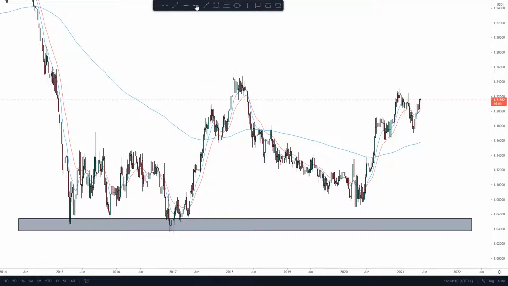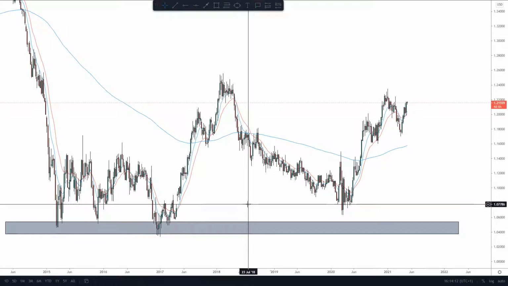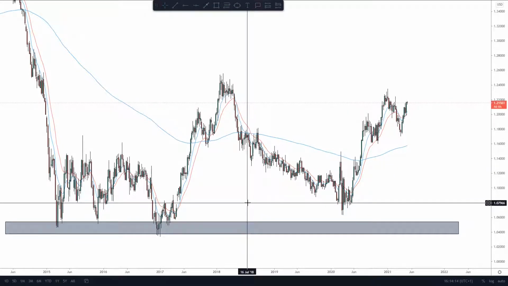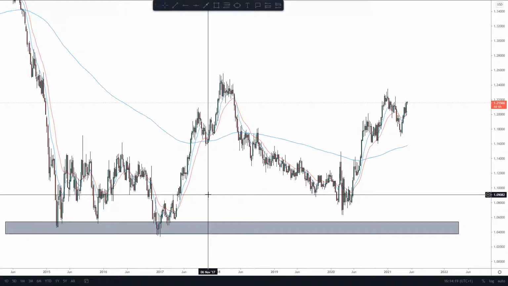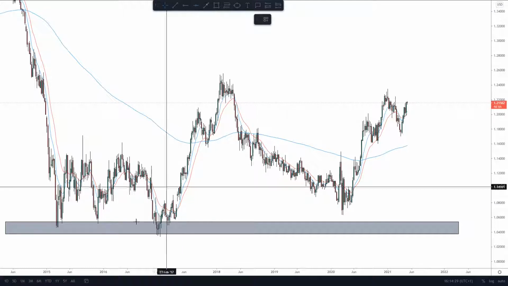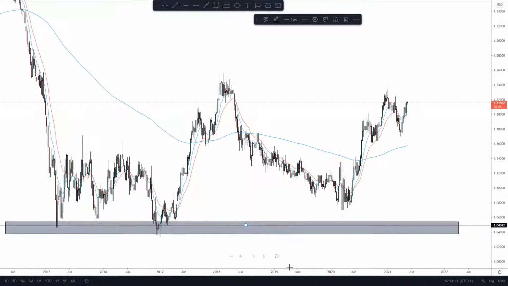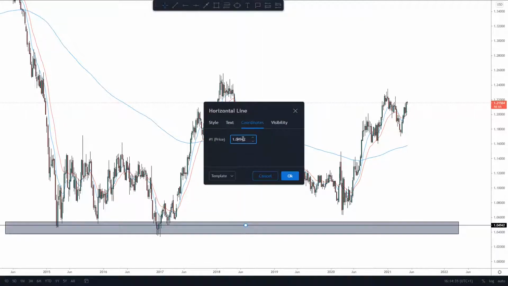The horizontal lines, I still use them because when it comes to targeting certain areas, it's nice to actually target a round level. For example, on the Euro USD, when we recently came up to 1.2, if I was to put on a horizontal level here at the bottom, then we can see that it is near the 1.05.